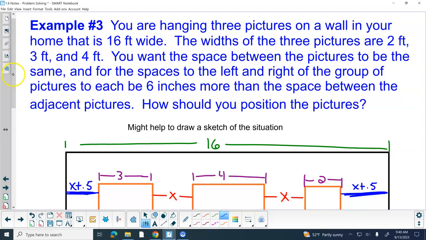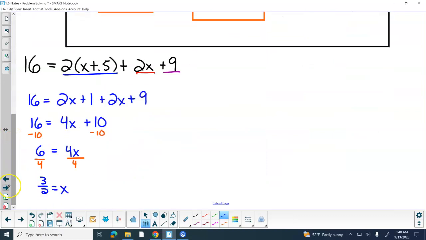Would the answer of 1.5 or 3/2 be an answer to the question, how do you position the pictures? No? Okay. So how do we answer that question? So 2 feet on the outside.